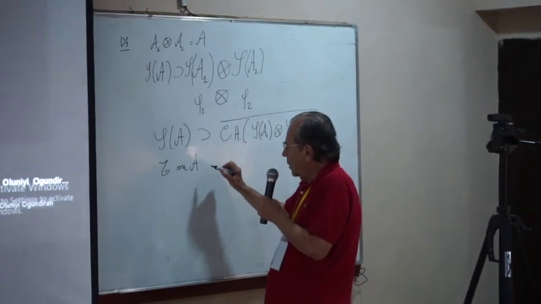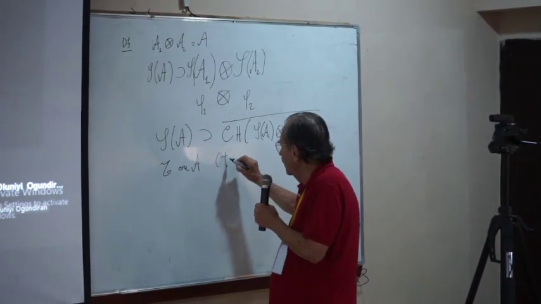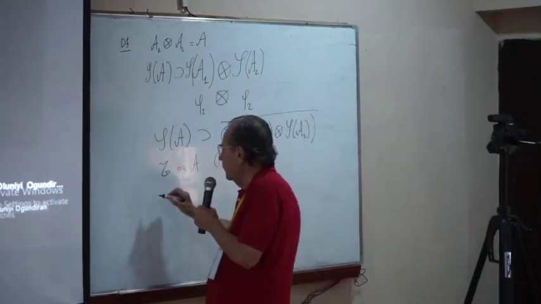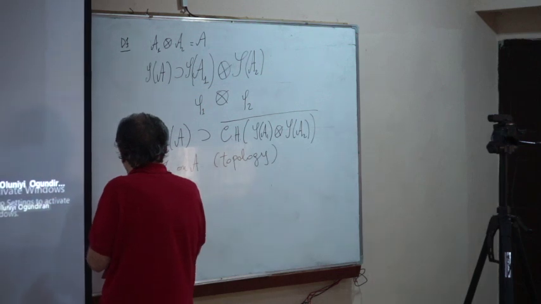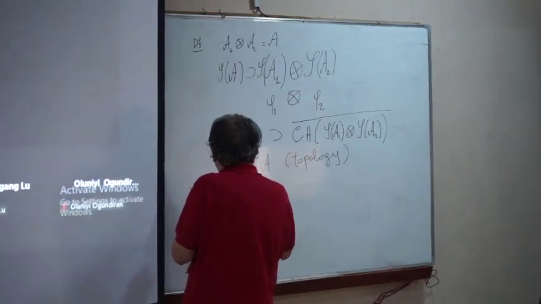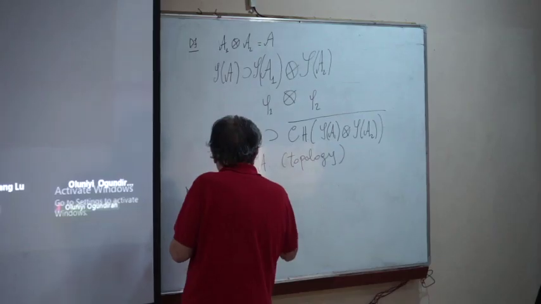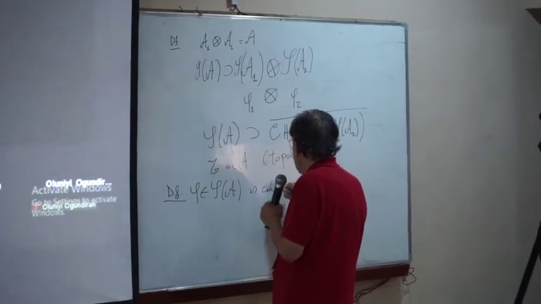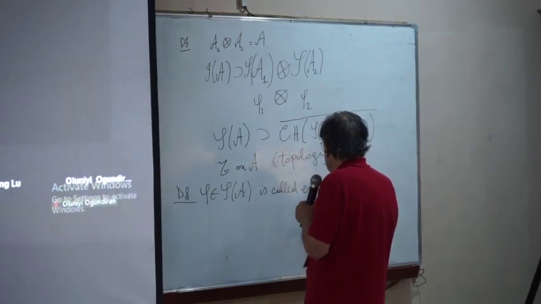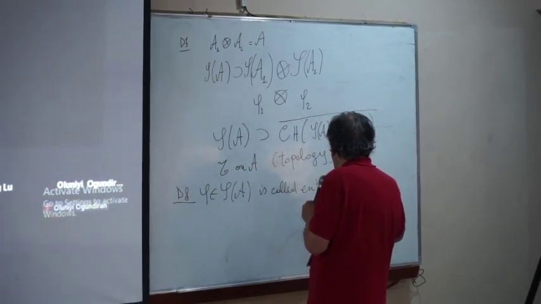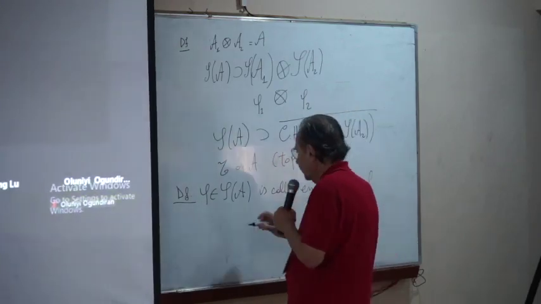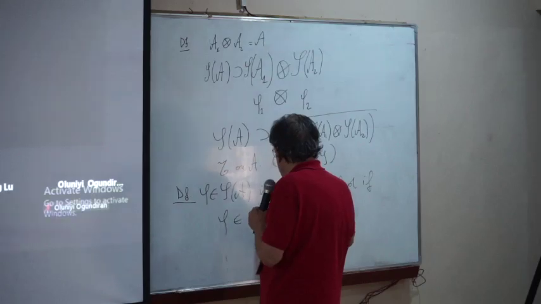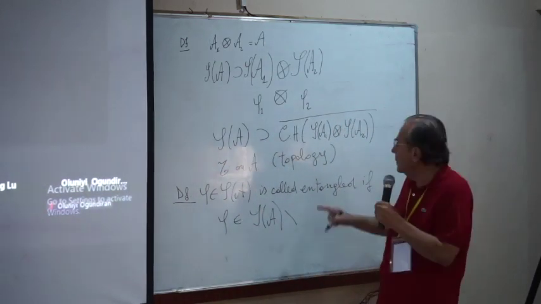This is a topology. And then the definition is very simple. Definition: a state phi on A is called entangled if it does not belong to the closure of the convex hull of the product states.